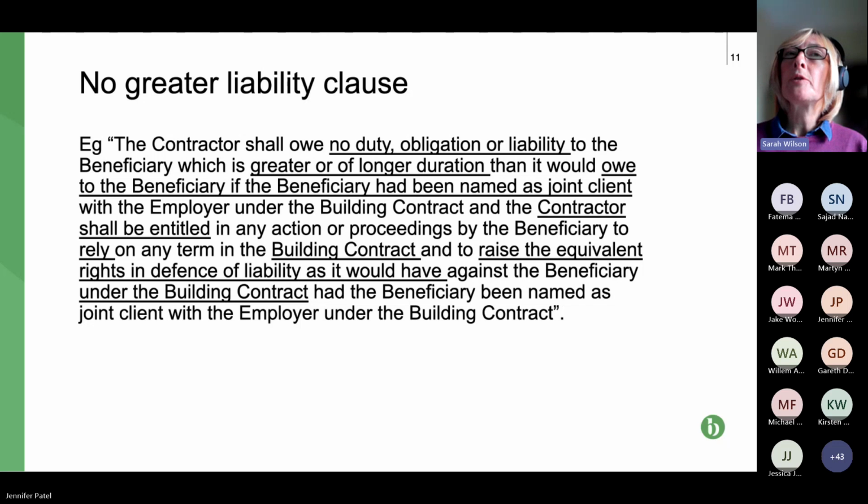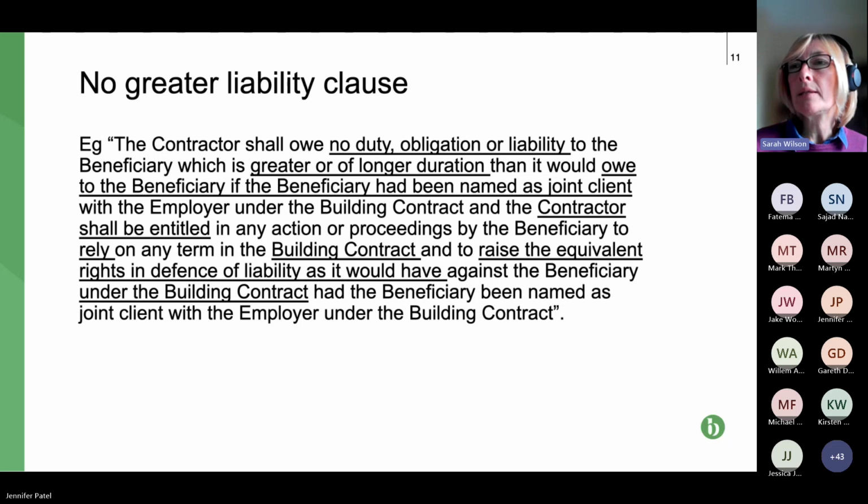So it's two phase. No greater liability is the first. The second part is that the contractor can rely on the building contract and any defence it would have in any proceedings that the beneficiary might bring against it.